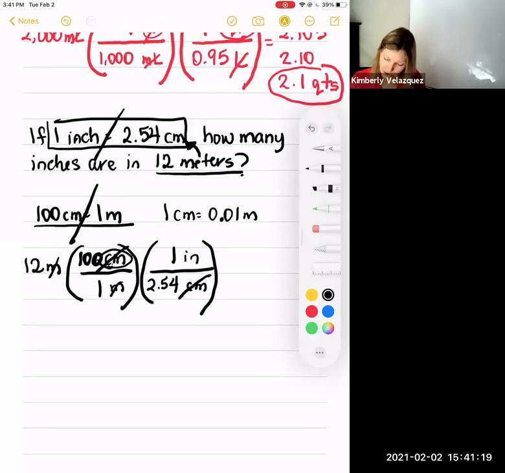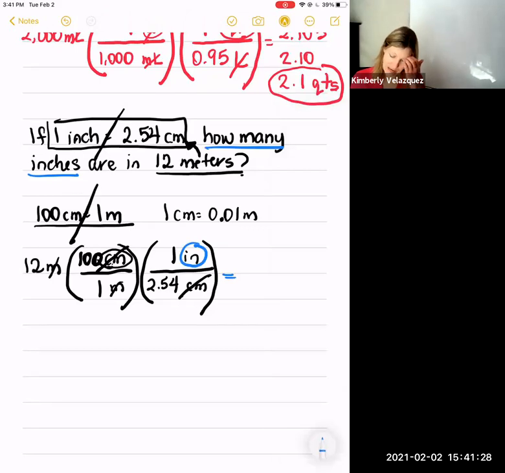This says how many inches, and now I'm in inches. So now unit-wise, I know I'm there. So now I just need to do the math. And again, the way I'm going to put this into my calculator is I'm just going to go straight across. I'm not going to solve in between. So I'm going to say 12 times 100. I don't need to divide by 1 or multiply by 1.